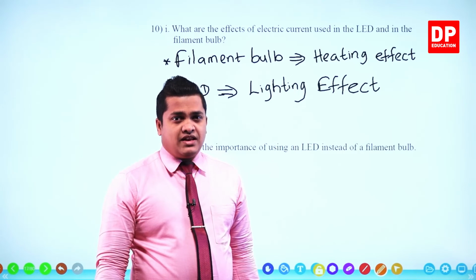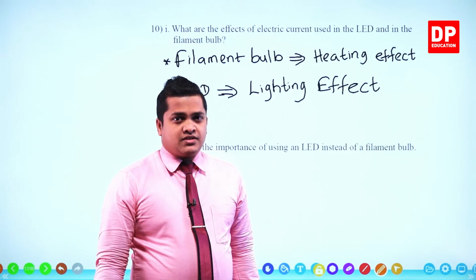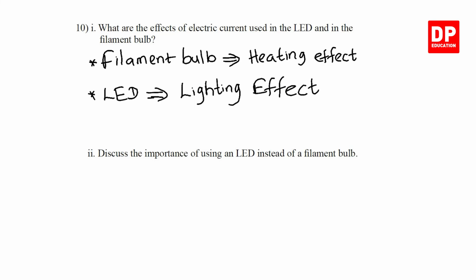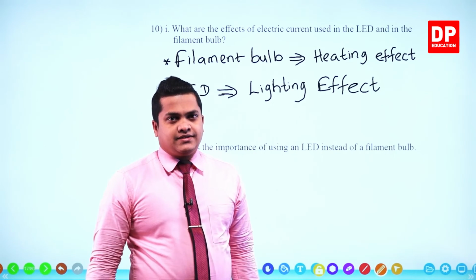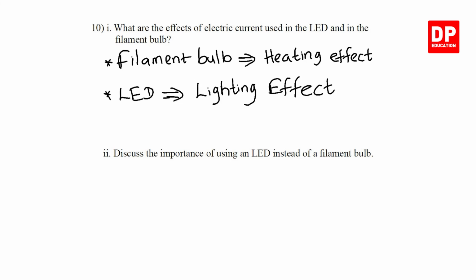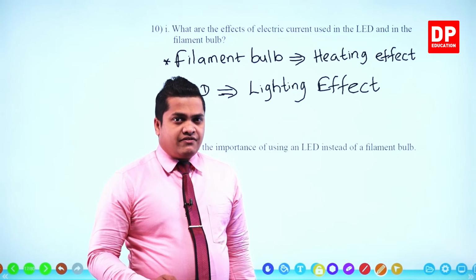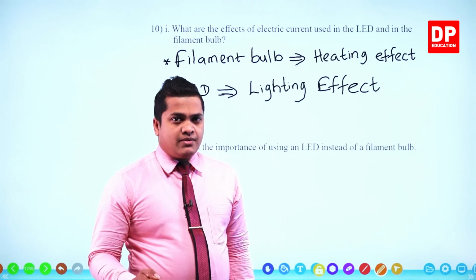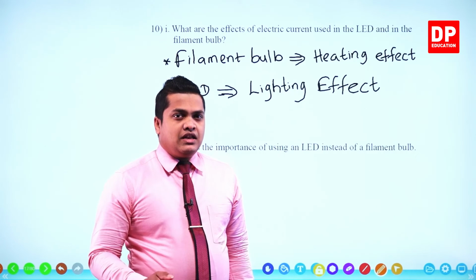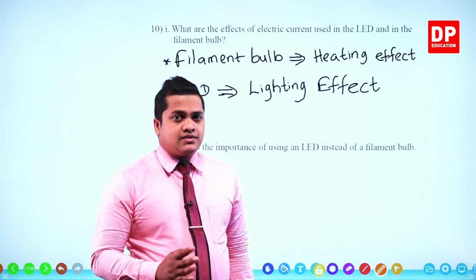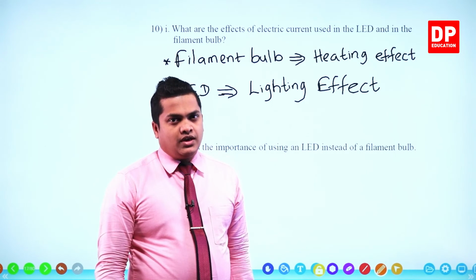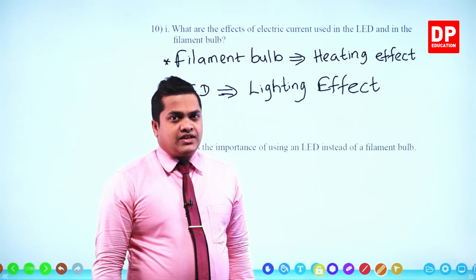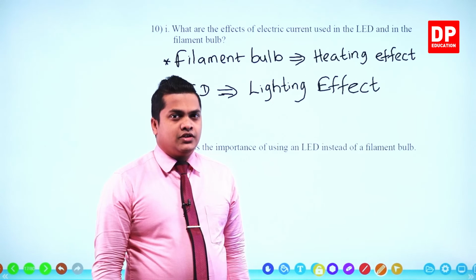That's the maximum value, right? Sometimes in different kinds of filament bulbs, this lifetime is even less than that. If you compare the two, an LED bulb has more than 10 times the lifetime. So that's the second main important use.